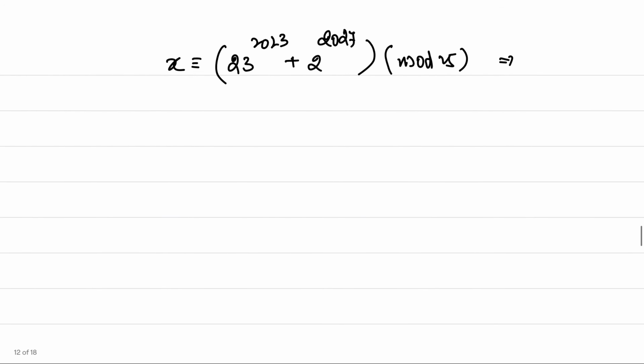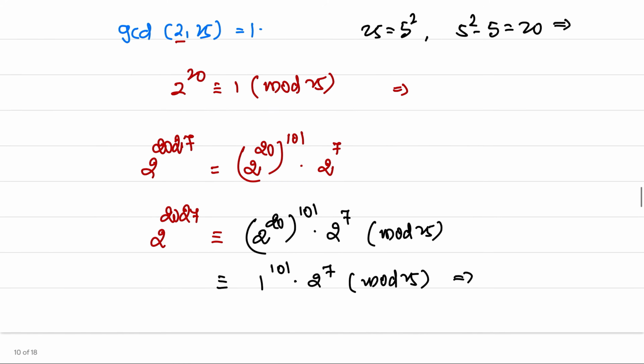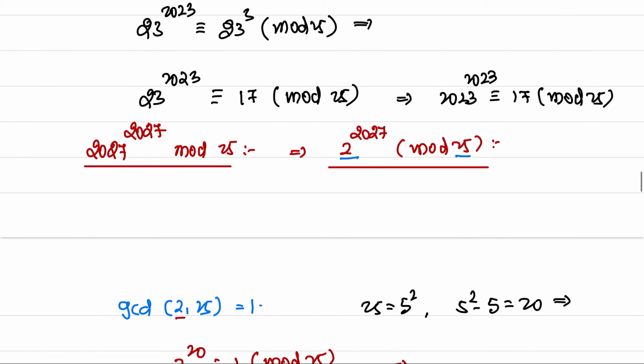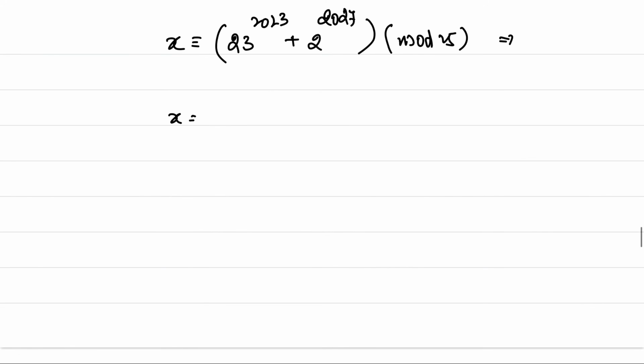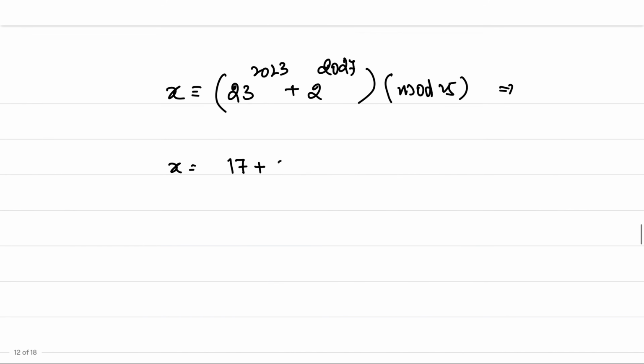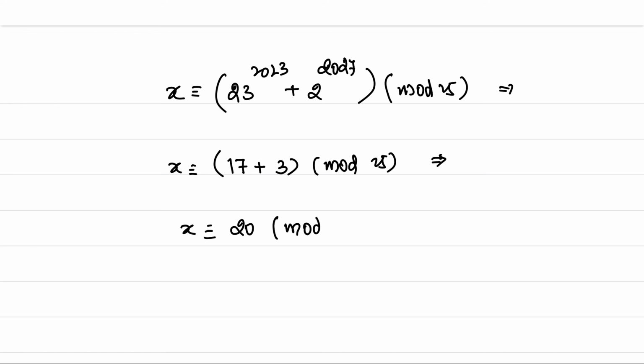That implies, what is this value and this value? 23 to the power of 2023 can be written as 17 mod 25. 17 plus this is equal to 3, mod 25 for both. That implies x is equivalent to 20 mod 25.